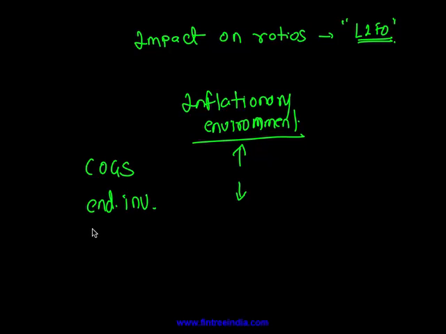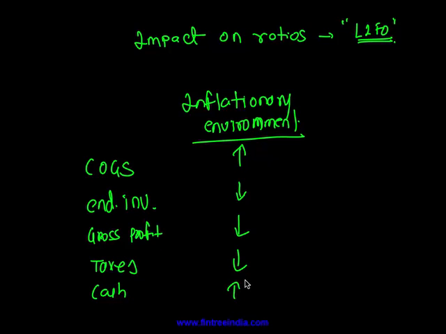Then next parameter is your gross profit margin. So because your COGS is higher, gross profit margin is lower. Then impact on taxes. So because your gross profit is lower, can we say taxes would be lower? And if taxes are lower, the impact on cash would be higher.